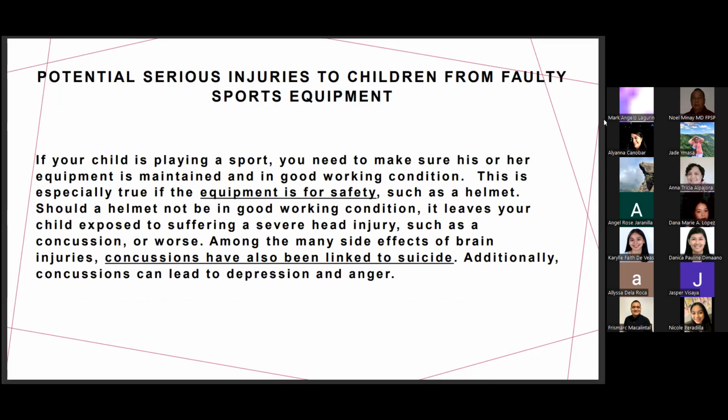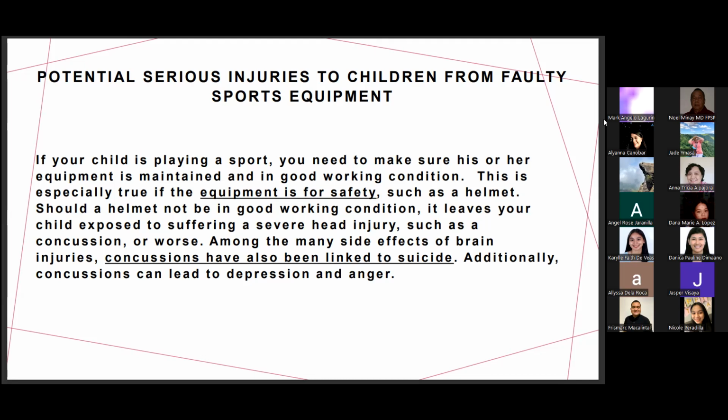Potential serious injuries to children from faulty sport equipment. If your child is playing a sport, you need to make sure his or her equipment is maintained and in good working condition. This is especially true if the equipment is for safety, such as a helmet.